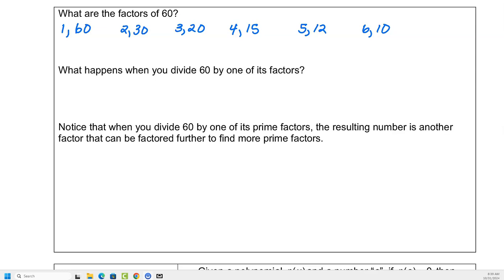What's 60 divided by 5? What do we know when we divide 60 by one of its factors? You get the other factor. Do you get a remainder? I like that, though. You get the other factor. So I'm going to put here, it goes in evenly.